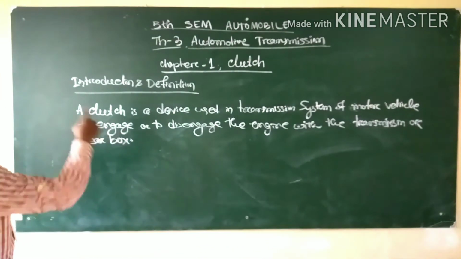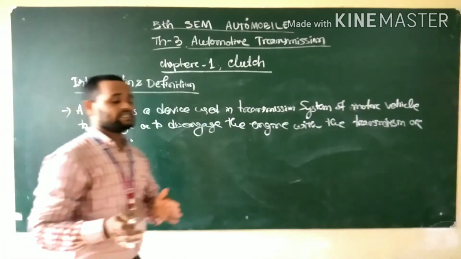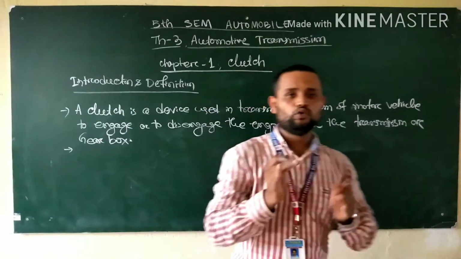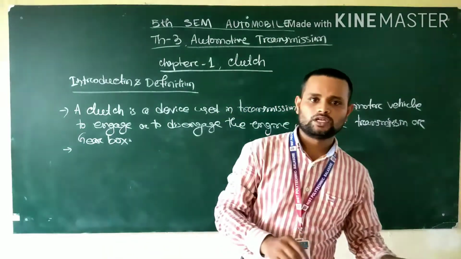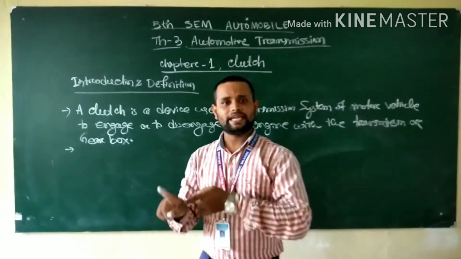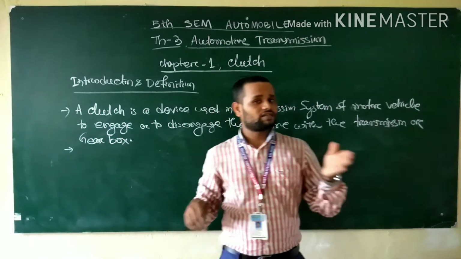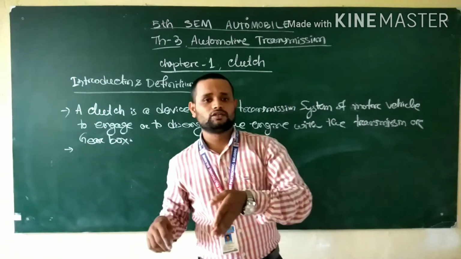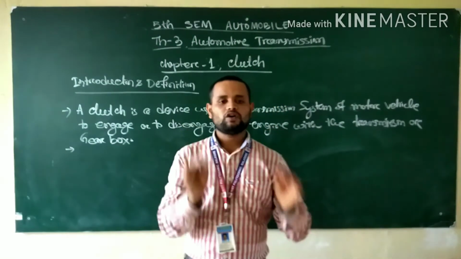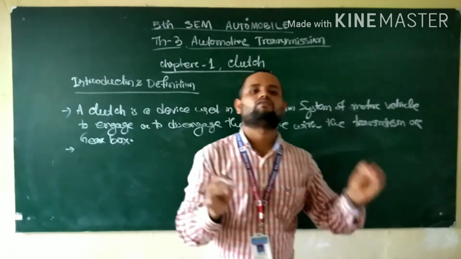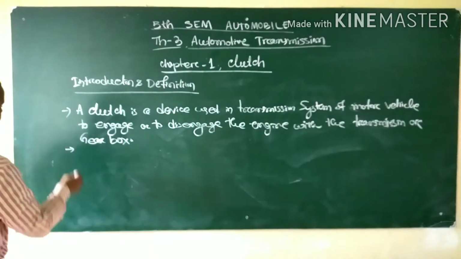Next, a clutch is a mechanism which enables the rotary motion of one shaft to be transmitted to another shaft whose axes coincide with the first one. So what is a clutch mechanism?